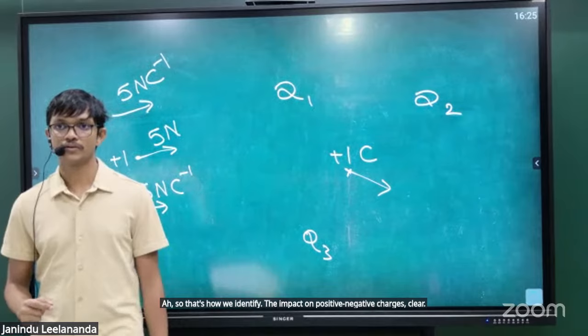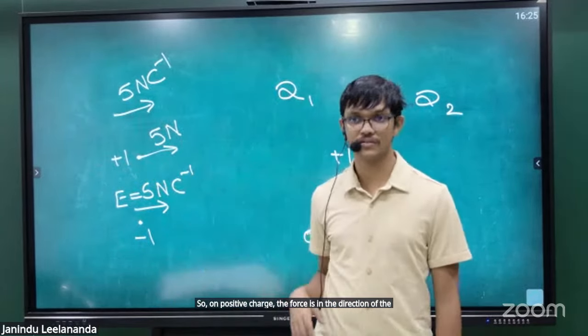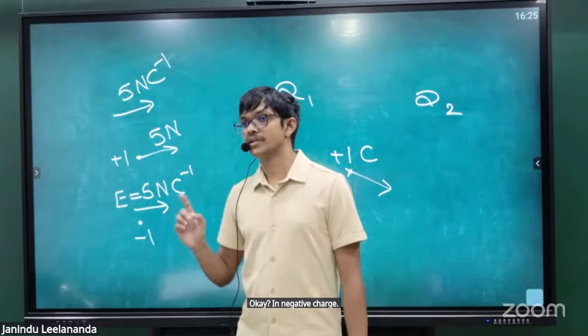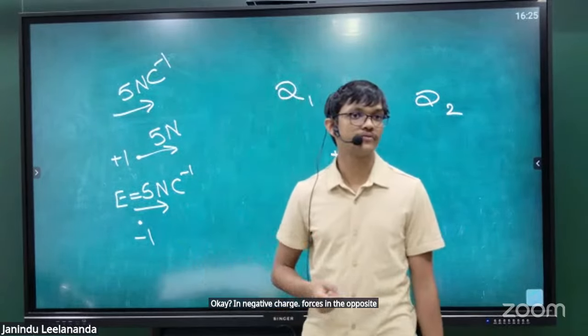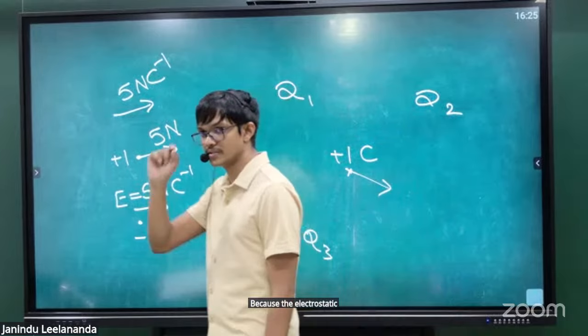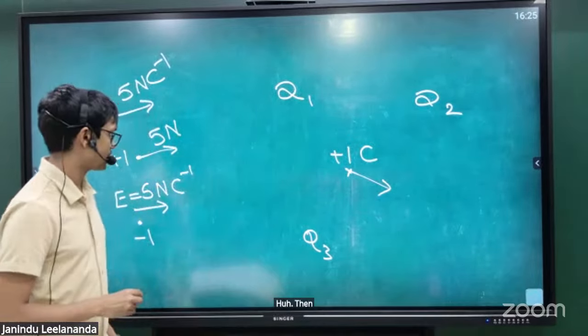On a positive charge, the force is in the direction of the field. On a negative charge, the force is in the opposite direction to the field, because the electrostatic field intensity is defined for plus 1. Clear?